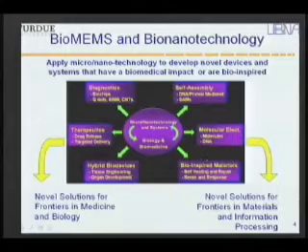As an example, human skin is really a great material. It self-heals and repairs, and it senses and responds. So if we could develop materials that mimic biological functions, then that would be very powerful. So these things on the right will provide novel solutions for frontiers in materials and information processing.